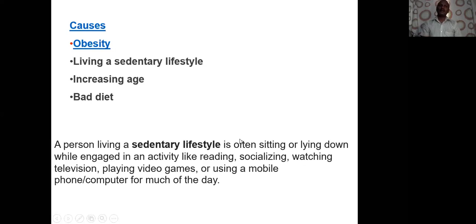So this comes under the sedentary lifestyle, and this can cause diabetes mellitus.